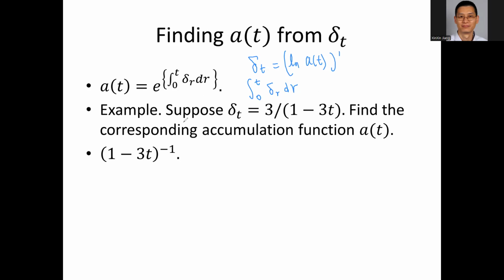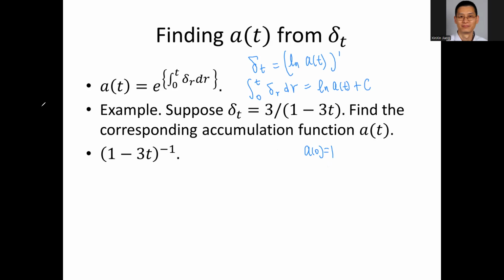That equals log of a of t plus some constant. You can get the constant to be 0 because you plug in t equaling 0, so the left side will be 0. And use the fact that a of 0 equals 1, because we are working with the accumulation function, and it's assumed that you invest $1 in the account.